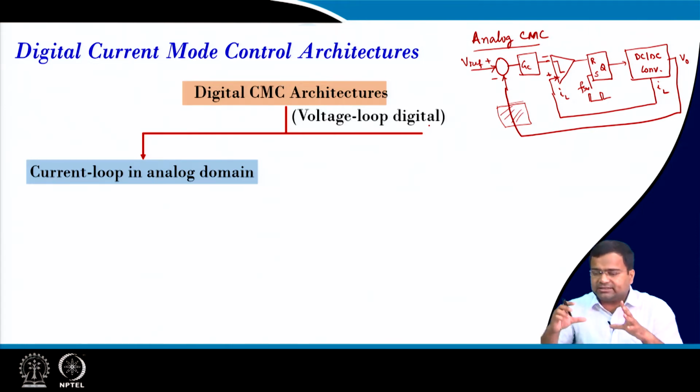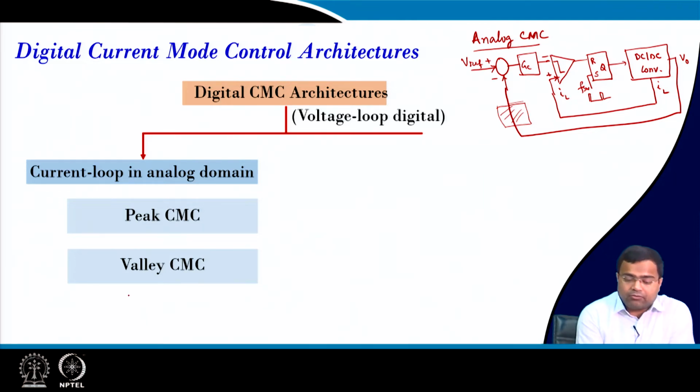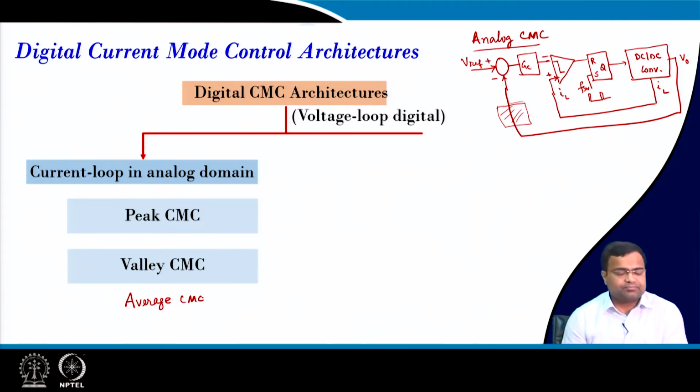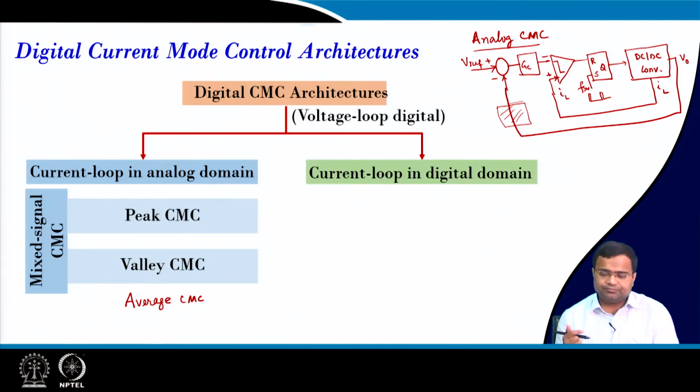Now, the architecture will differ based on whether the current loop is in analog or digital. First is the current loop in analog, where you can have peak current mode control, valley current mode control, and we have also discussed that we can have average current mode control architecture. This is a mixed signal implementation where the current loop is in analog, and we can retain the fast dynamics of the current loop.